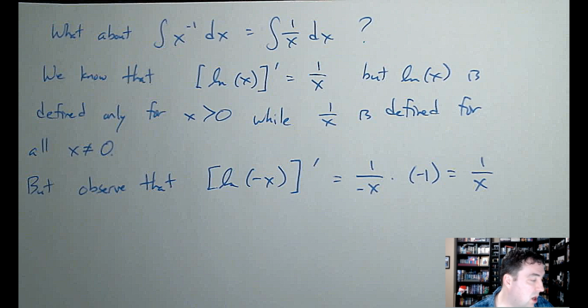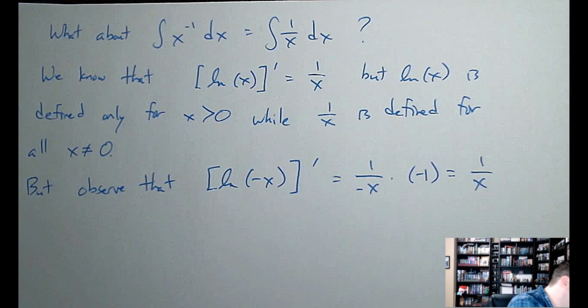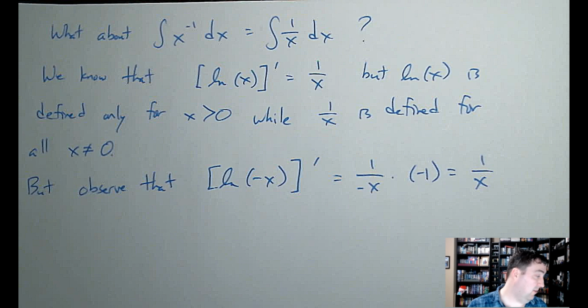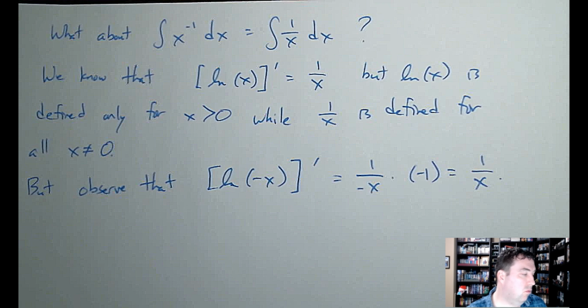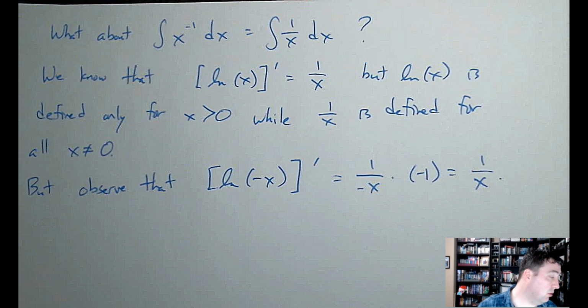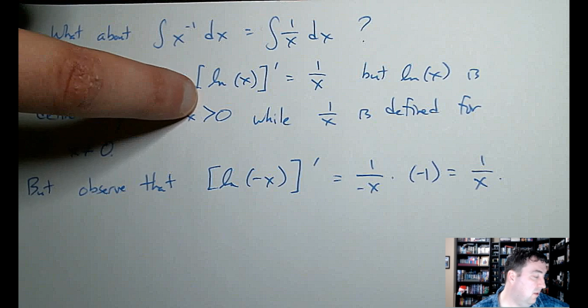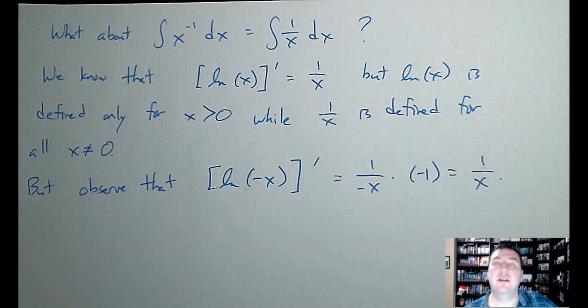And the natural log of -x is only going to be defined when x is negative, because we need to make sure that the argument of the natural log function is positive. So we could say that the integral of 1 over x is equal to the natural log of x when x is positive, and is equal to the natural log of -x when x is negative.